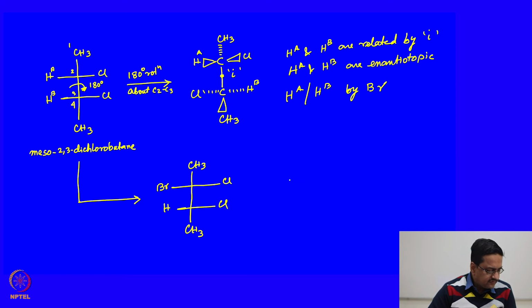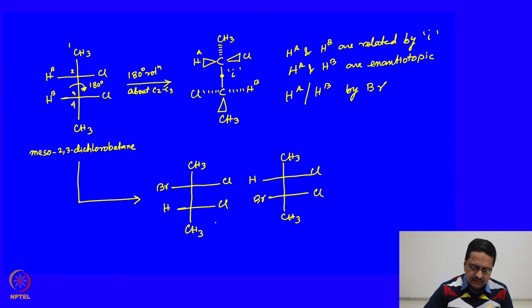And if we replace HB by bromine, and keep the hydrogen intact, what we get are a pair of enantiomers.